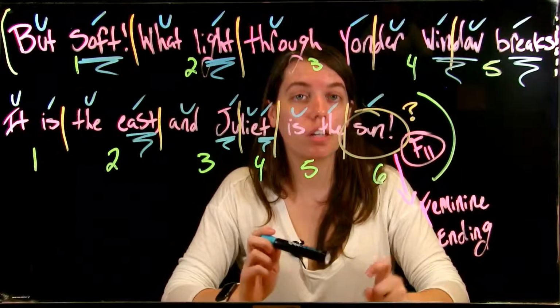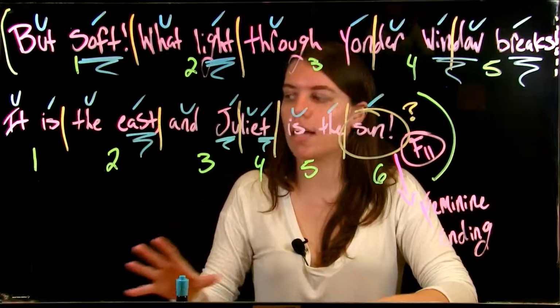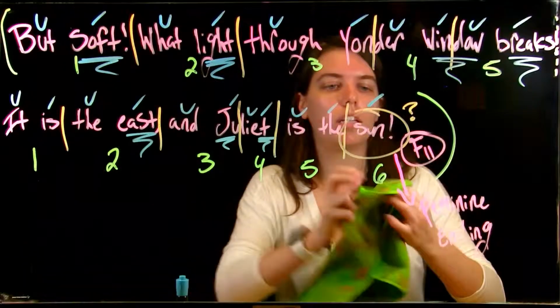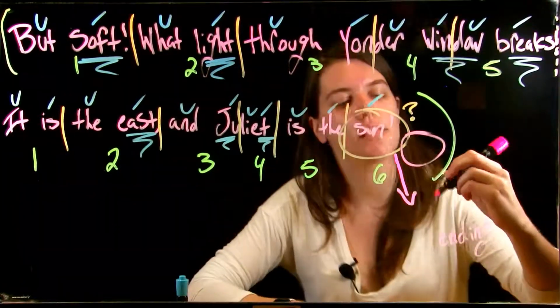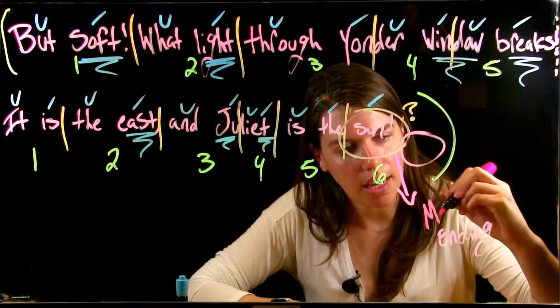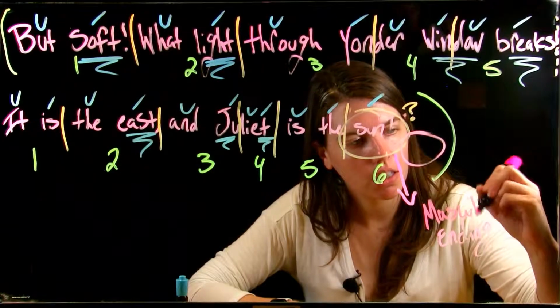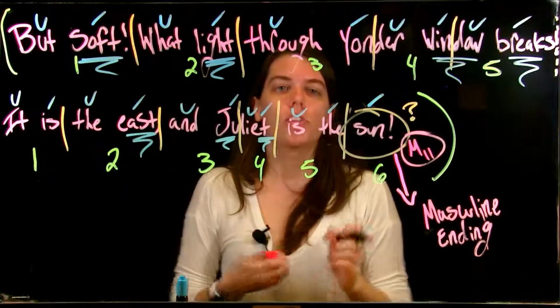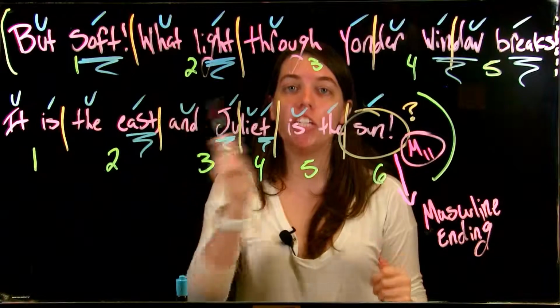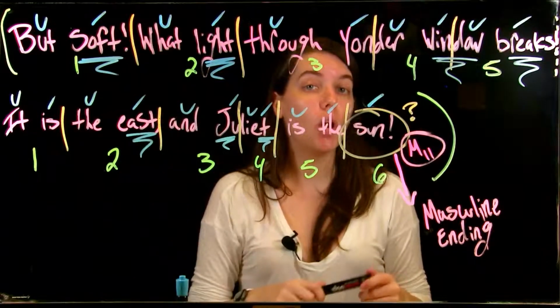So that changes things a little bit. It is still irregular. It still has an ending. We'd still mark it with a little 11, but since it is stressed, it is actually a masculine ending. But then you would just mark it M, 11. So that would signify, okay, I know that this is 11 syllables and I know that it's stressed.